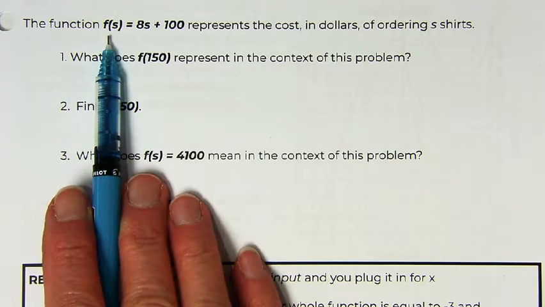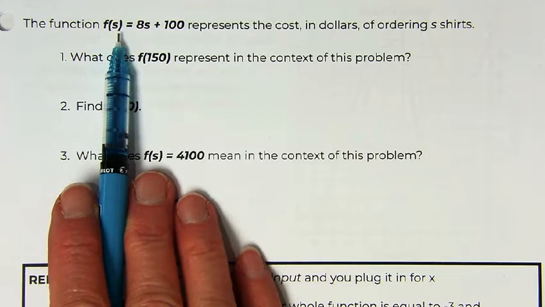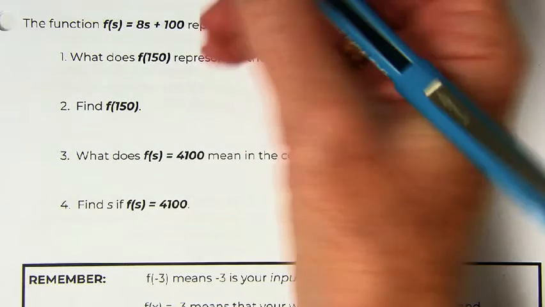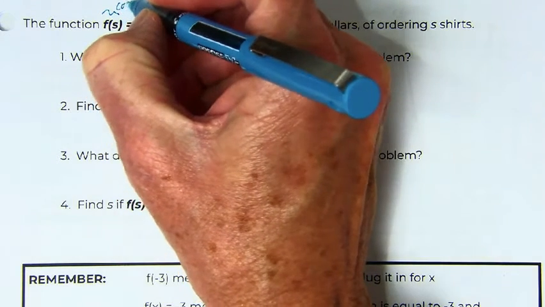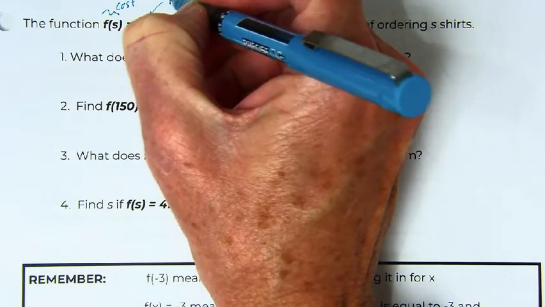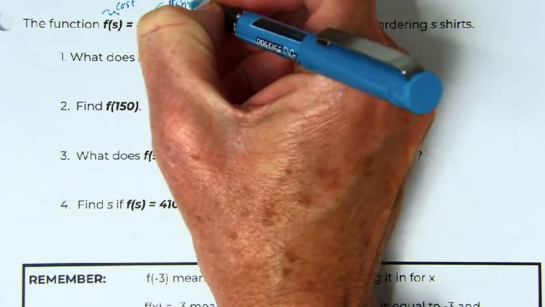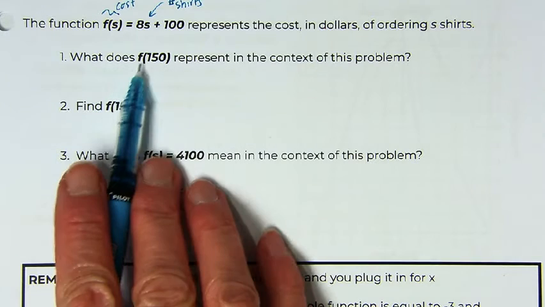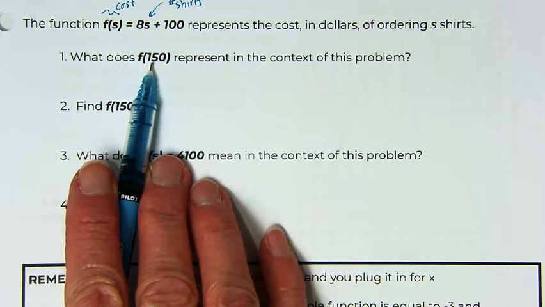So I have a function f evaluated at s equals 8s plus 100, represents the cost in dollars of ordering s number of shirts. So this whole thing is representing the cost, and just the s is the number of shirts. So what does f evaluated at 150 mean?